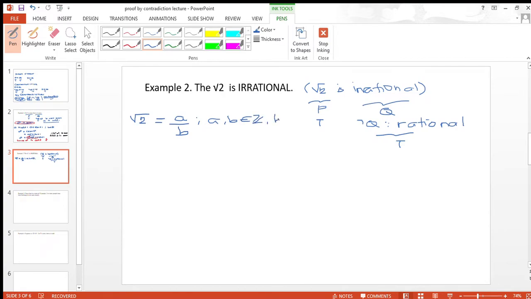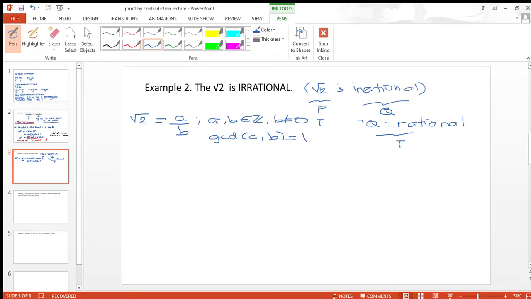Of course, the denominator must not be equal to 0, and a and b must be relatively prime with each other, meaning the greatest common divisor of a and b is equal to 1.